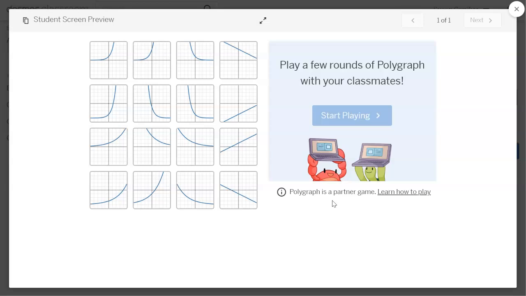And of course they win the round if they choose the correct graph or the one that your student has chosen. So they've got lots of things they can talk about, whether the graph is increasing, decreasing, curved, straight, linear, nonlinear, and so forth. So again, celebrate all the rich vocabulary that you hear.